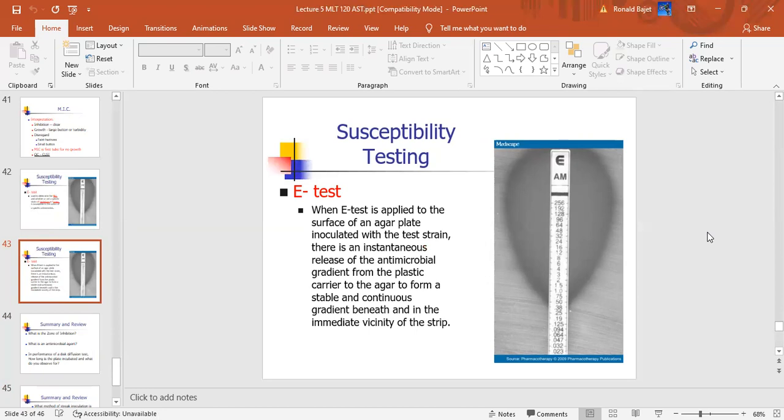Like I said, the antibiotic will diffuse out a certain distance depending on the concentration of the antibiotic. The highest concentration will have the highest distance away from the strip, and as the concentration gets less and less, you have a shorter distance of diffusion away from the strip.